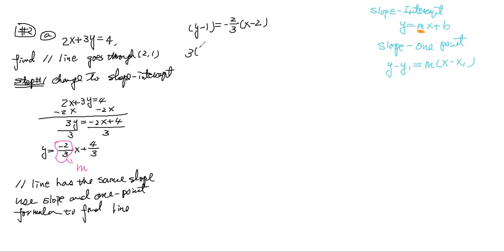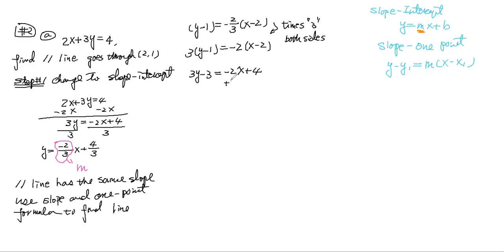The reason I want to do it is to get rid of the fraction. Then the distributive property gives 3y minus 3 equal to negative 2x plus 4.